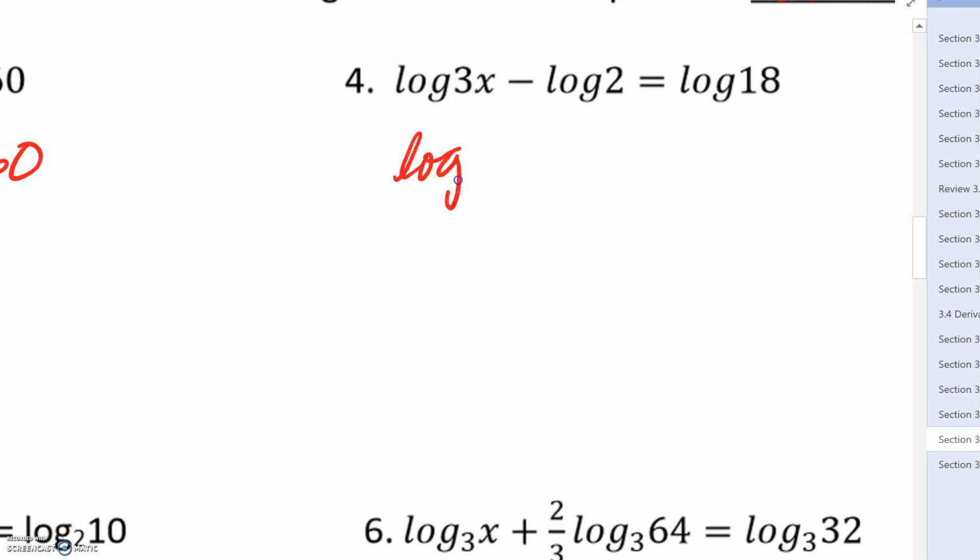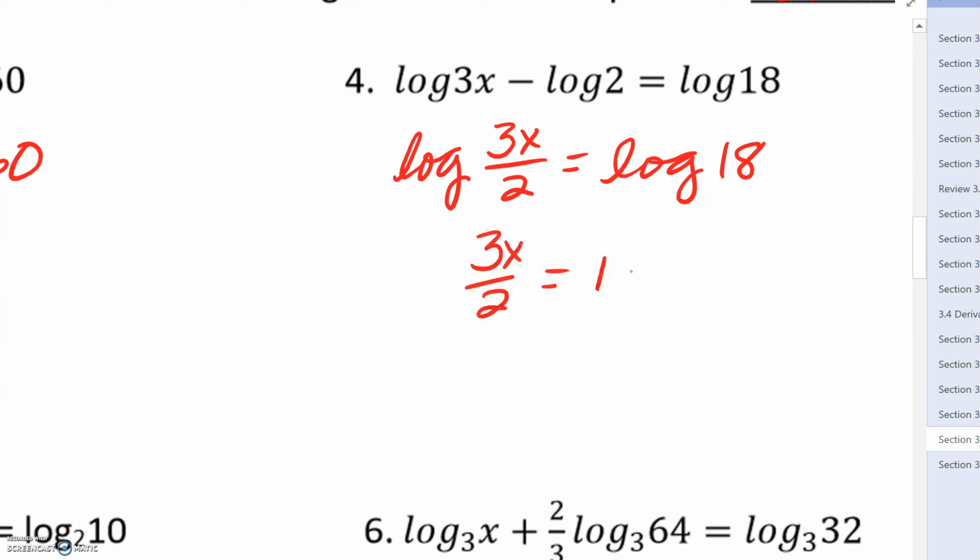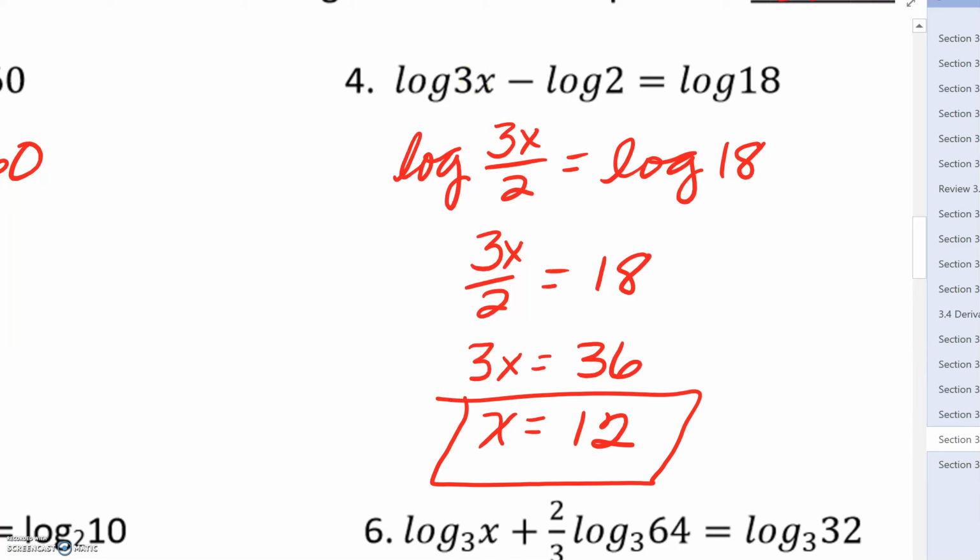So there, I'm going to use the quotient property. So I'll have 3x over 2 equals 18, one-to-one property. So that means 3x is 36, and x would end up being 12. Double check. 3 times 12 is positive, no problem. 12 is the answer.